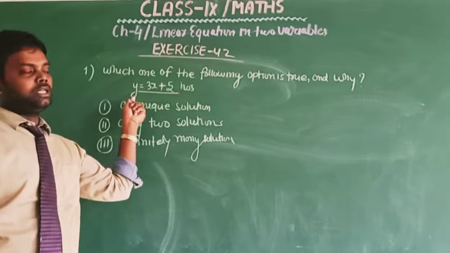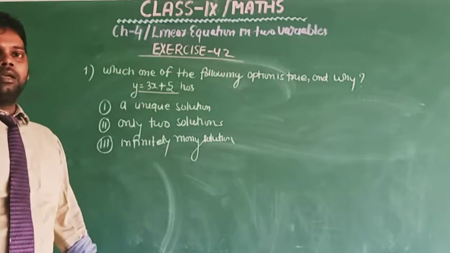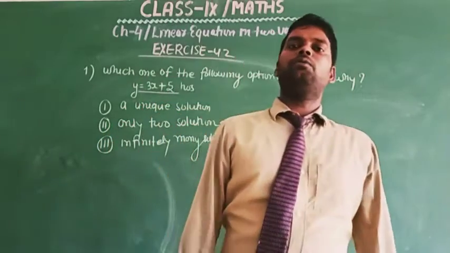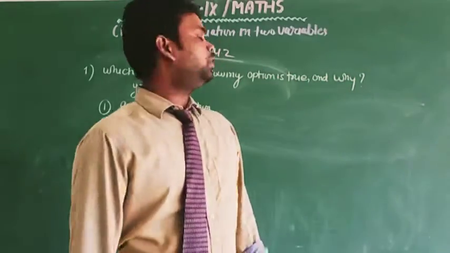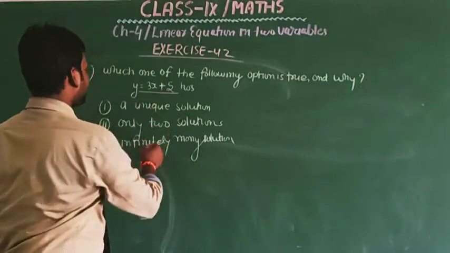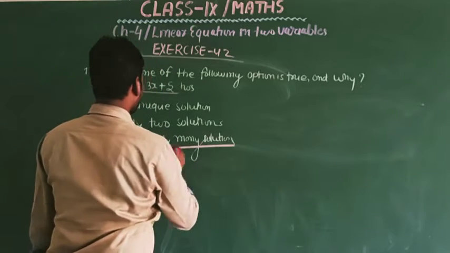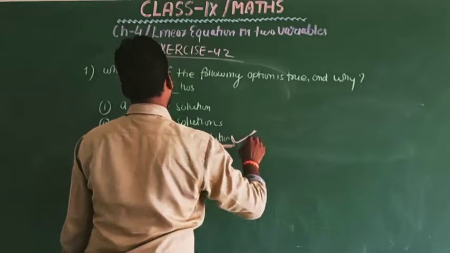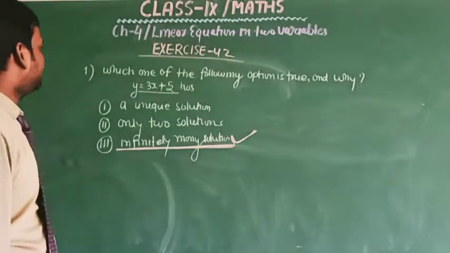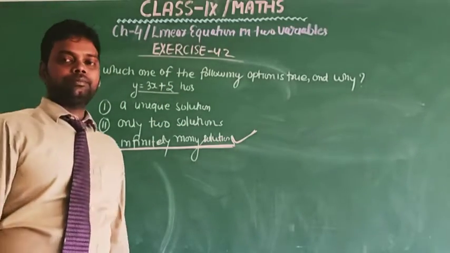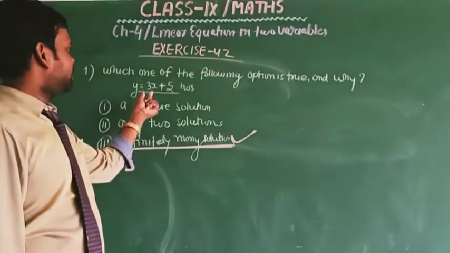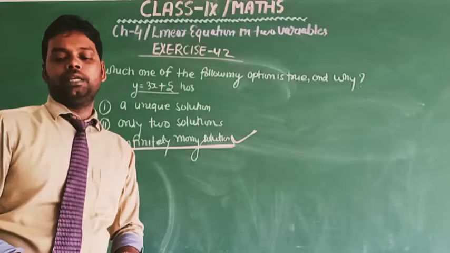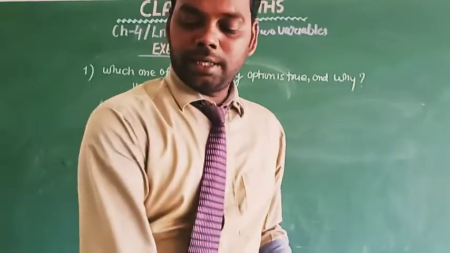Here the equation is a linear equation in two variables. I have just explained that a linear equation in two variables has infinitely many solutions. Therefore option number 3 is correct, because the linear equation y equal to 3x plus 5 has two variables. Clear?